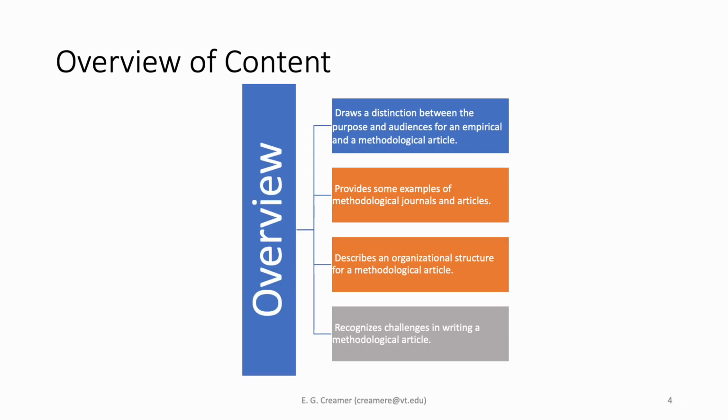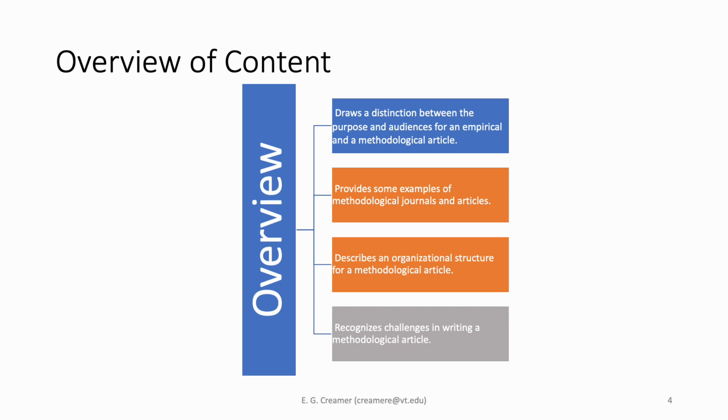There are 4 things that I want to address in this YouTube. First, I want to underscore the distinction that we in a methodological journal make between empirical and methodological articles, and how the purposes and audiences of those differ.